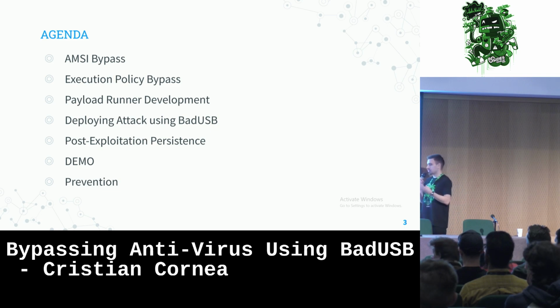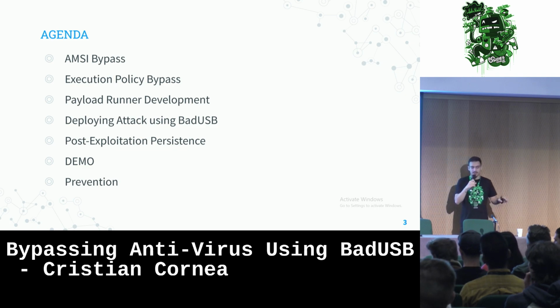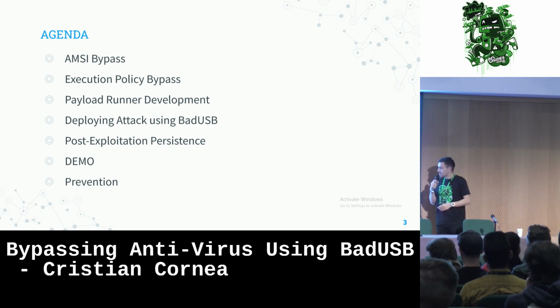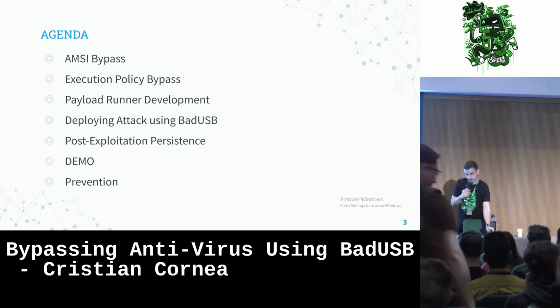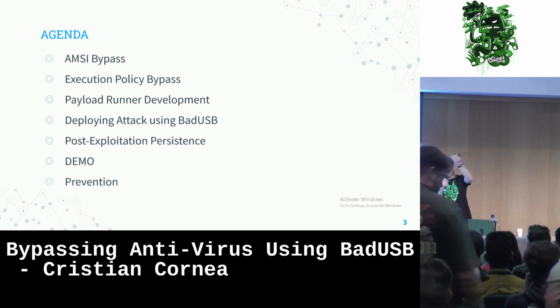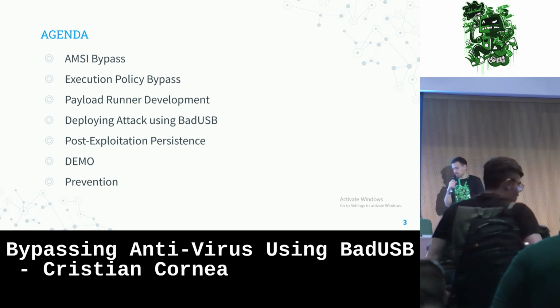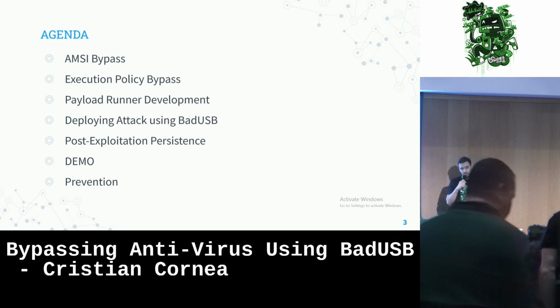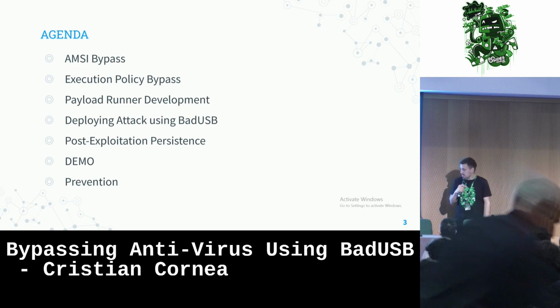It means that we don't download anything, we don't pull anything from a remote location to the victim computers. So all the payloads will be run directly in memory. Then we put everything together on this little device, which is the BadUSB. Then some post-exploitation persistence, a live demo with Windows Defender up and running, and some prevention tips.